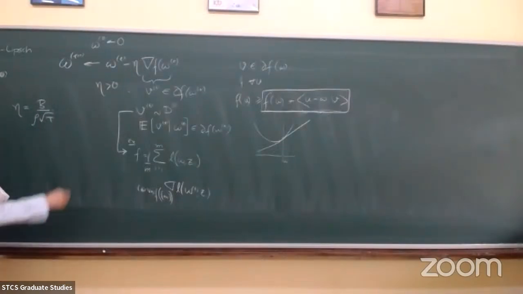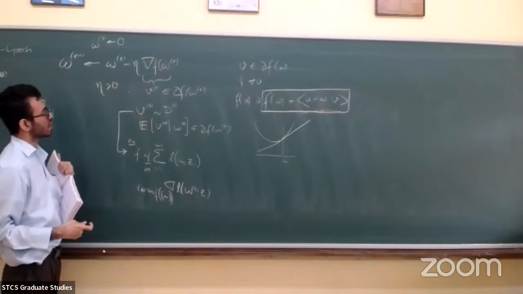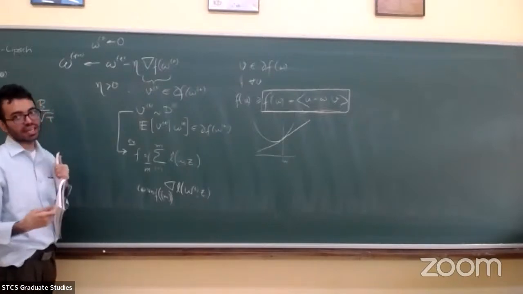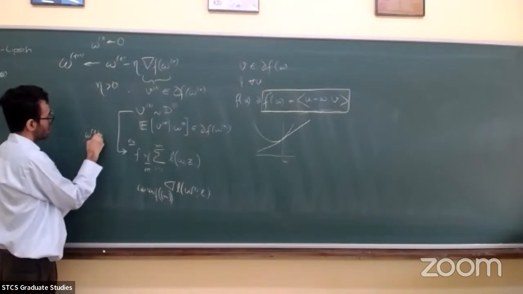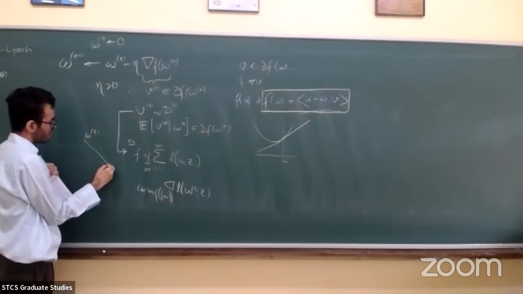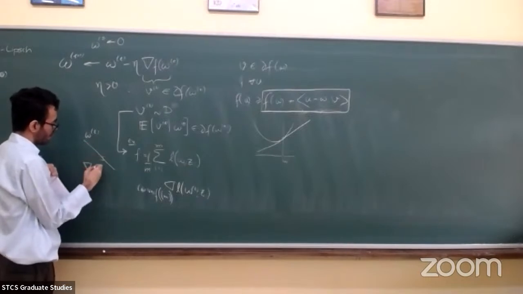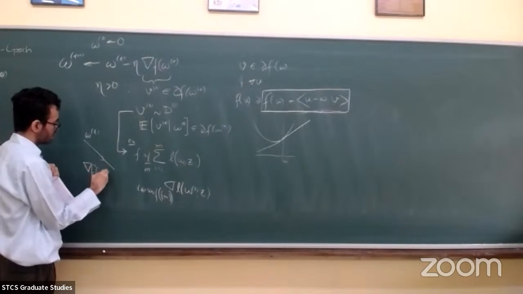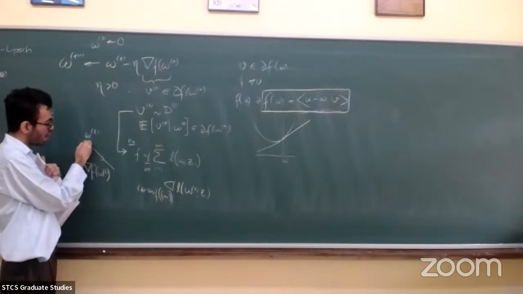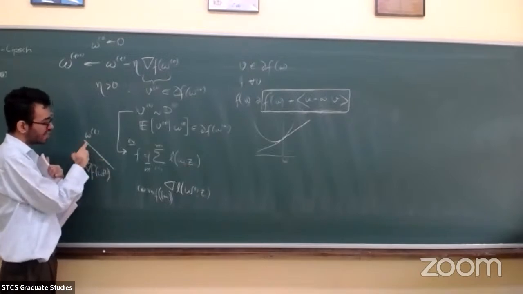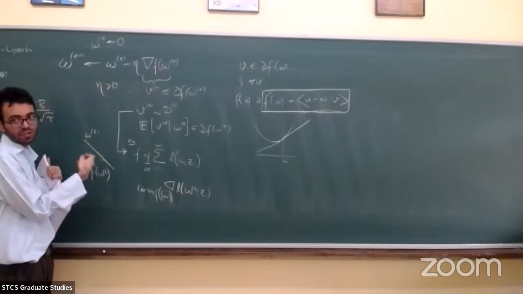Typically, you don't want eta to be too large, because if eta is too large, then the gradient is changing as you move. Maybe this is my W_t, and this direction is the gradient of f at W_t. If eta is too large, then I might move a lot in this direction, and as I move here, maybe my gradient is also changing.